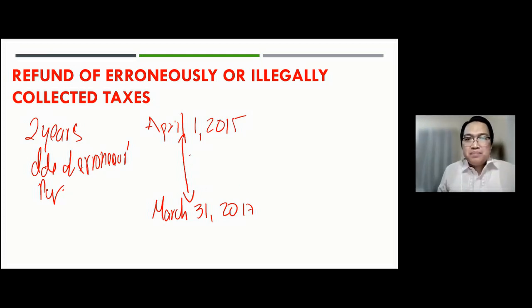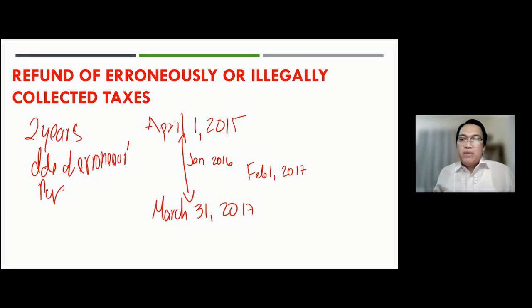Halimbawa, January 1, 2016, nag-file ka ng claim for refund. Pasok sa 2 years? Yes, pasok sa 2 years. Okay. What if na-receive mo yung adverse decision denying your claim for refund February 1, 2017.